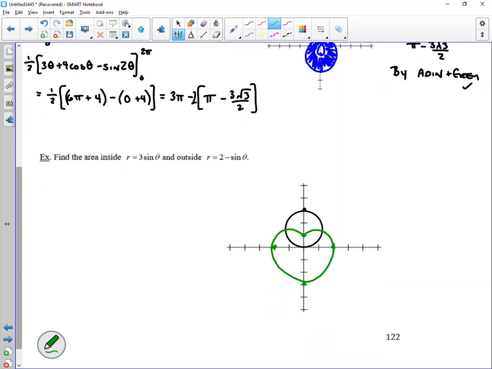Now, we've got the area inside r equals 3 sine theta and outside 2 minus sine theta: inside my circle, outside my green. That's this area. I don't have a fancy thing where I can do 2 graphs at once, so you're just gonna have to imagine.